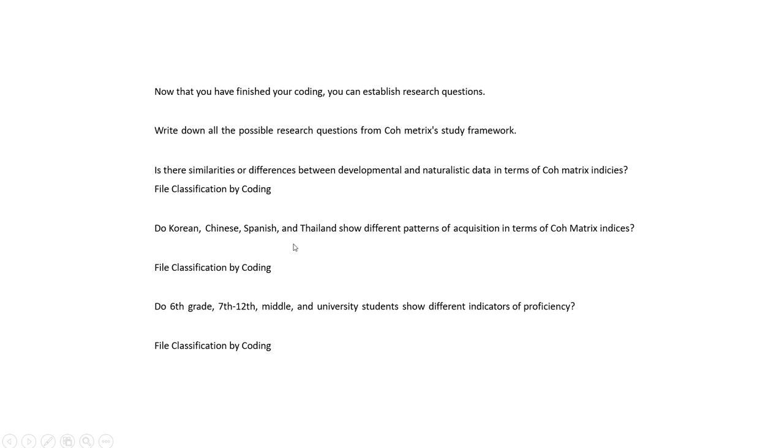Do Korean, Chinese, Spanish, and Thailand show different patterns of acquisition in terms of chromatic indices? Again, what you have to do is to create the file classification and coding. These are the codings, Korean, Chinese, Spanish, Thailand, things like that. Do 6th grade, 7th to 12th, middle and university students show different indicators of proficiency, while again, this is the search for file classification and coding, which you didn't run yet.